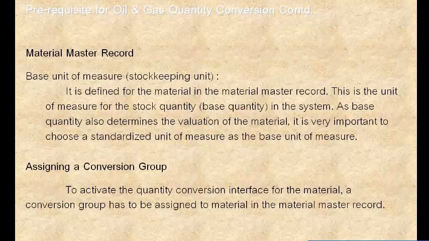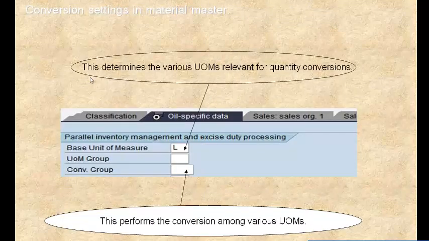To activate the conversion interface for a material, a conversion group has to be assigned in the material master record. This is important. Where to start your QCI for your material is, you should have the conversion group in the material master data. I will show you. See, this is the material master data. Earlier I showed you the difference between a standard R3 material and the IS-Oil material. In IS-Oil material master data, you will have this tab, oil specific data.